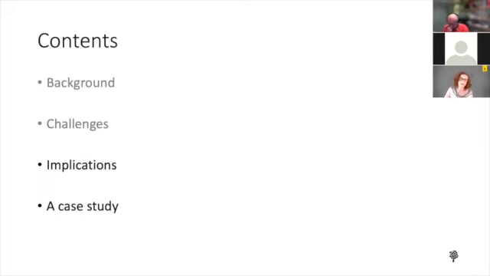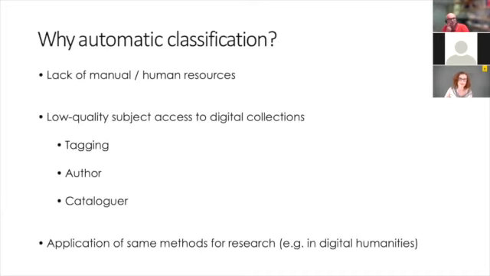So having looked at the challenges, we can look at some key implications. Why do we need automatic subject indexing or classification? Well, we are facing more and more digital documents in our collections, and in order to maintain the bibliographic objectives and providing high quality subject access, it could be a way to address the problem of scale and sustainability.